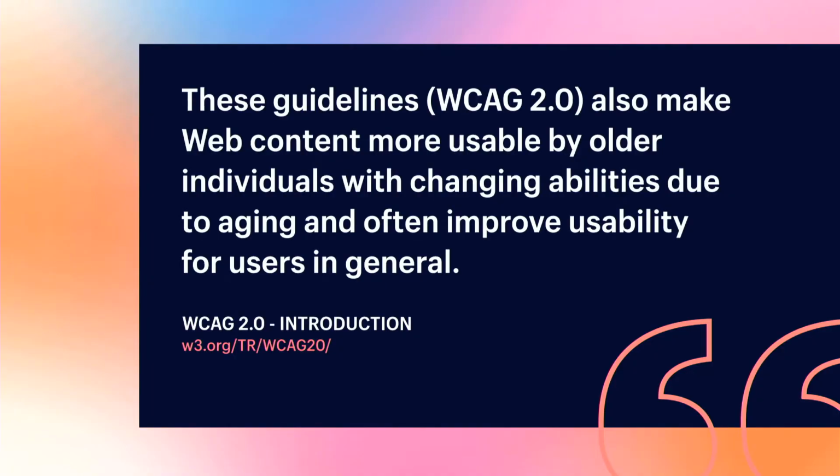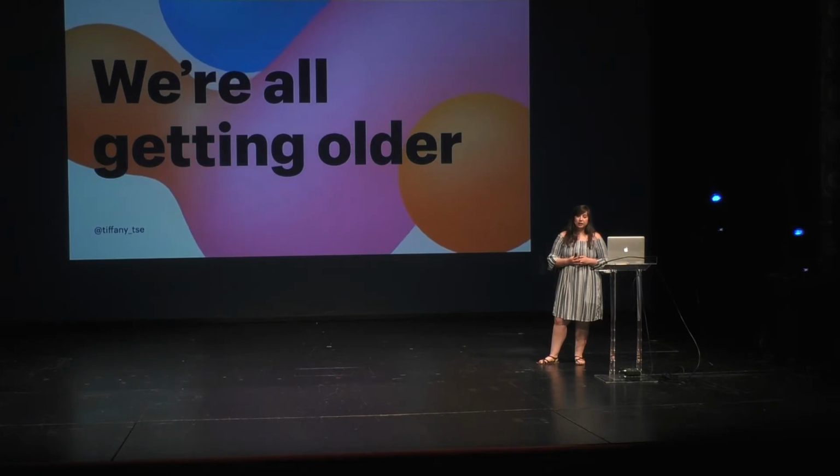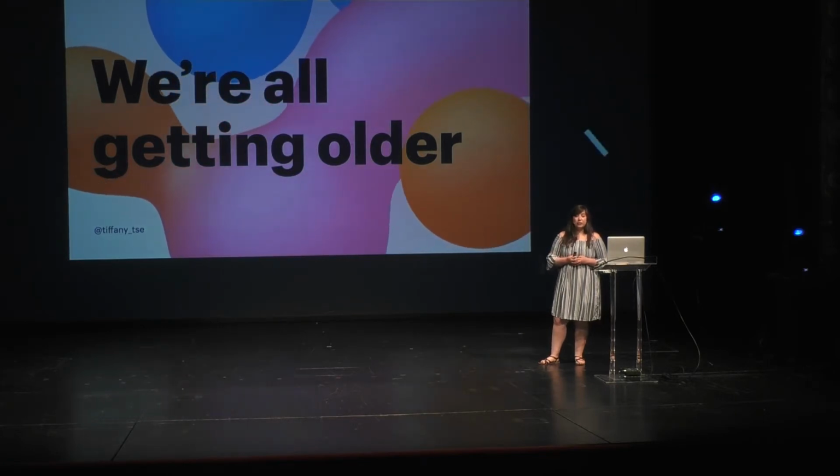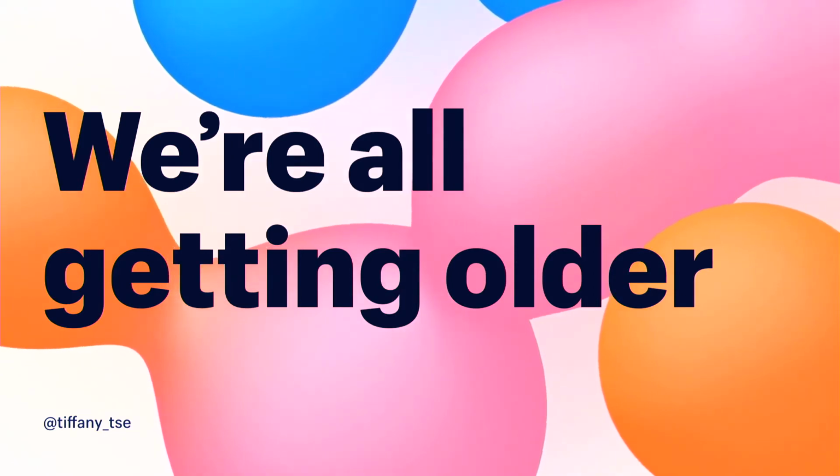Someone who once had no problem using a mouse can develop arthritis. Someone's vision can blur over time with cataracts. And who gets older? You do. All of us do, actually. So when we build better, more accessible websites, and we improve the experience for our current users, how they may change in the future, and also for ourselves, we're just building better products.